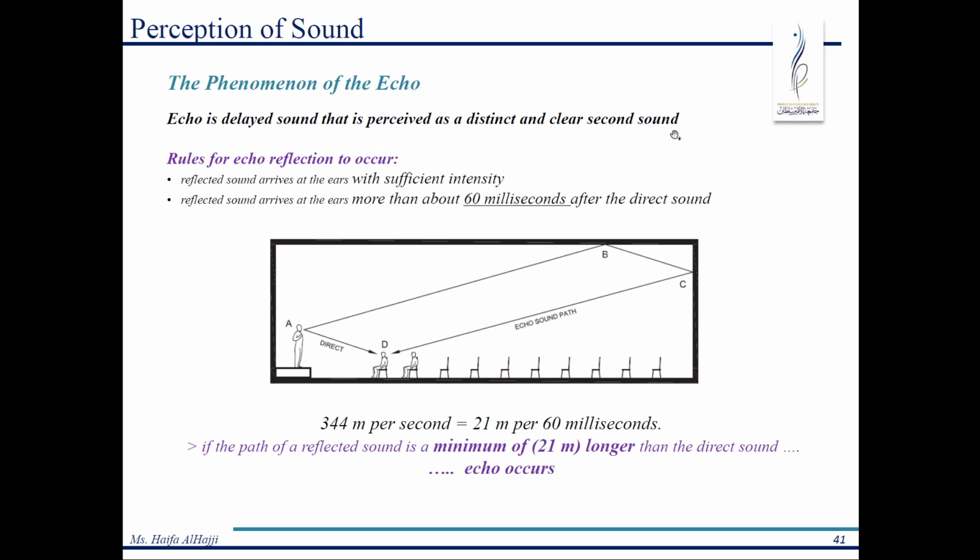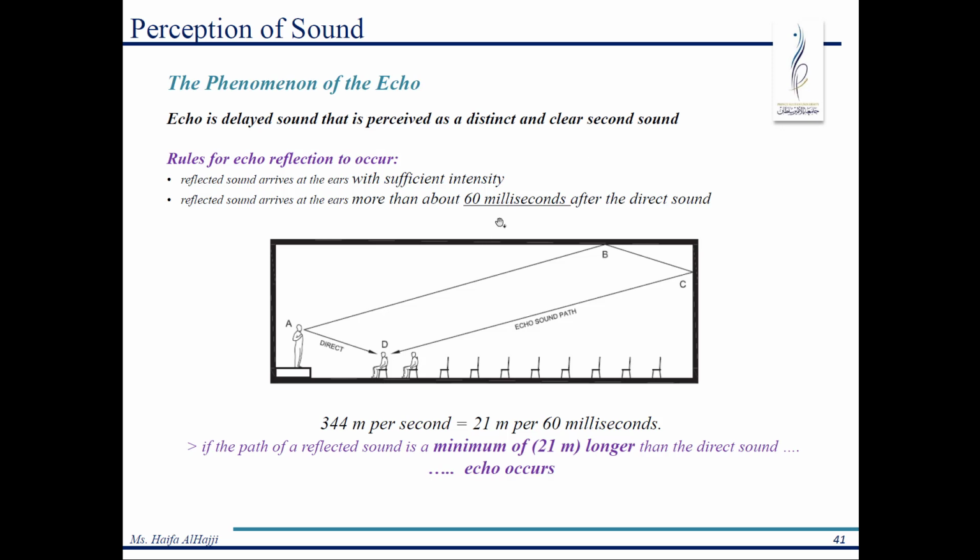So for echo to happen, or for you to actually hear distinctively another word again, a certain time interval should pass. This limit should be a minimum of 60 milliseconds. So for us to be able to calculate it through diagrams, they said that the speed of sound is constant.